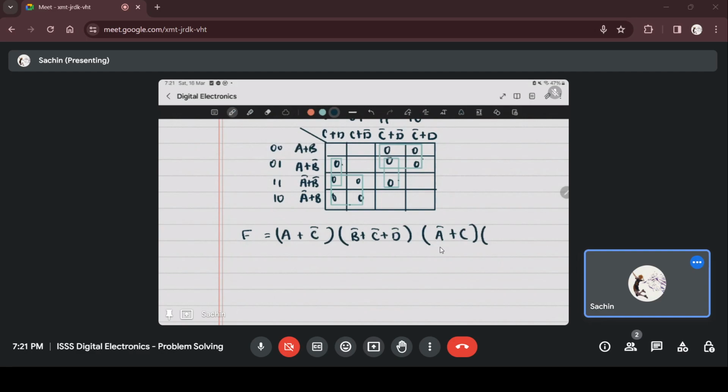This pair will be b bar plus c plus d. This can again be written as, using the distributive property, c bar plus a into b bar plus d bar. This can be written as c plus a bar into b bar plus d bar.